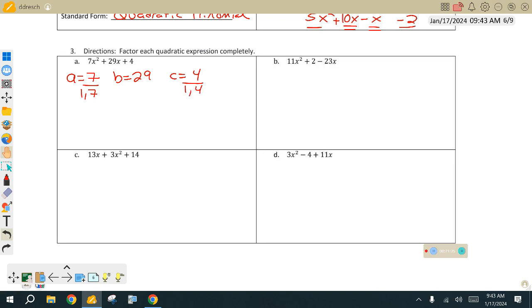And what's my other pair? 2 and 2. So in this instance with C being 4, you've got 2 groups. You have 2 possibilities. Either that 1 and 4 is going to work, or you're going to toss it and use that 2 and 2. It just depends which group is working for you, but they both will not work. So this is another kind of wrinkle in things here.